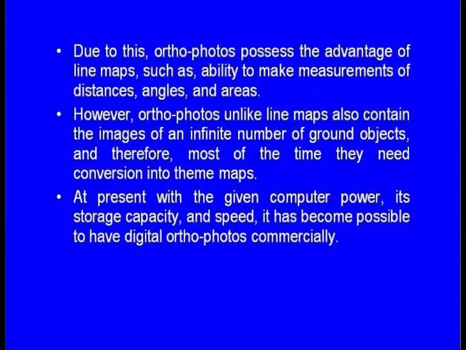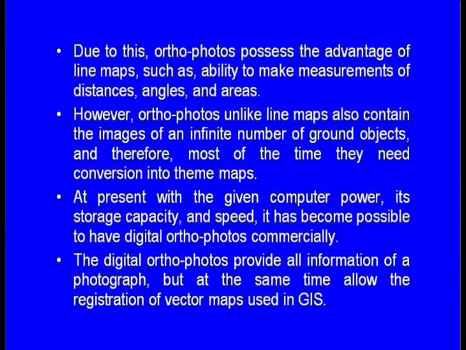At present, with the given computer power, storage capacity and speed, it has become possible to have digital orthophotos commercially. The digital orthophotos provide all the information of a photograph, but at the same time allow the registration of vector maps used in GIS.